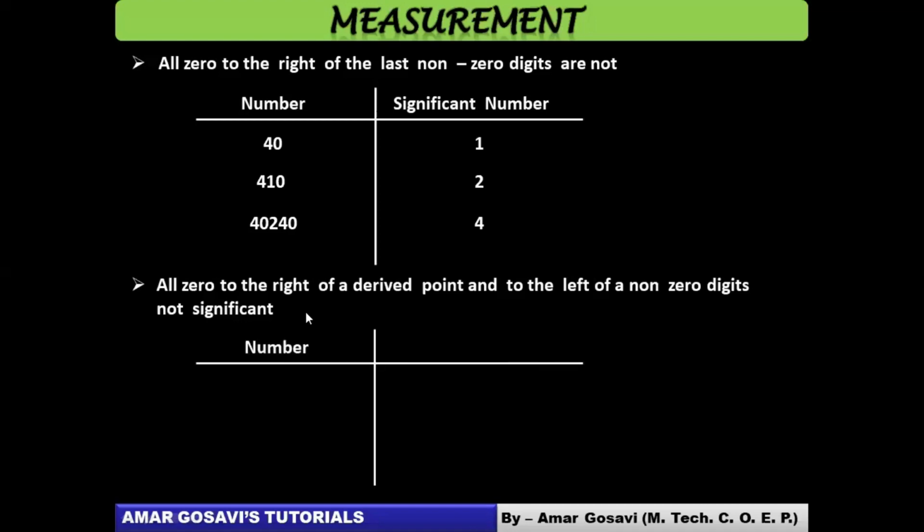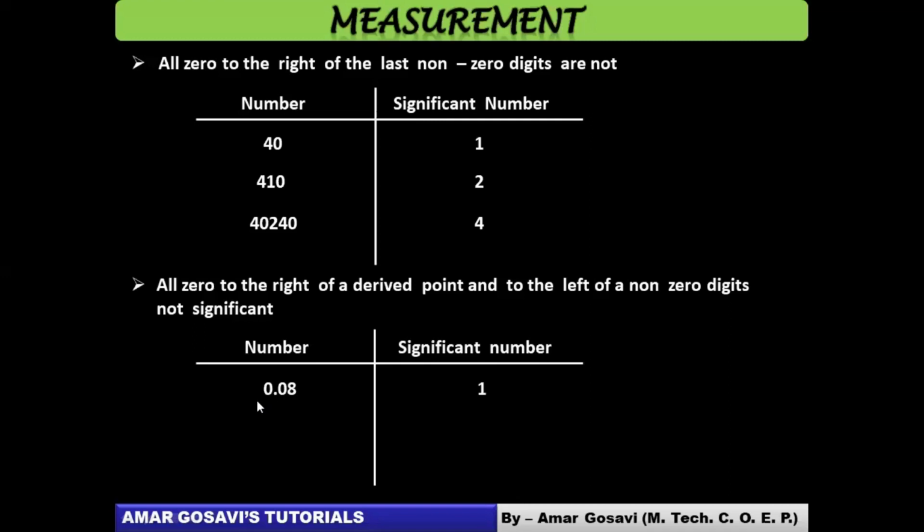What does it mean? Let's take a number over here, 0.08. The point is the decimal point. There is a 0 over here also, and a 0 over here. Which 0 is significant and which is not?